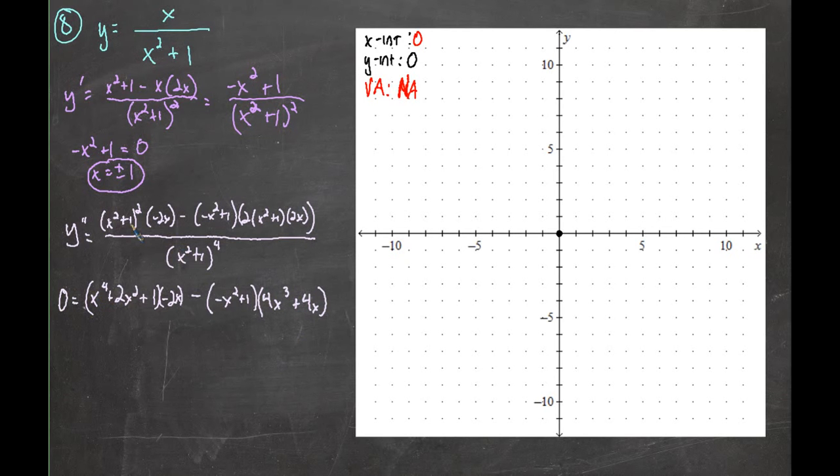And we only need to be concerned if the numerator is equal to 0, not the denominator. So we're just working with the numerator here.